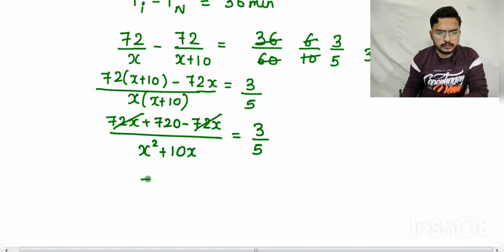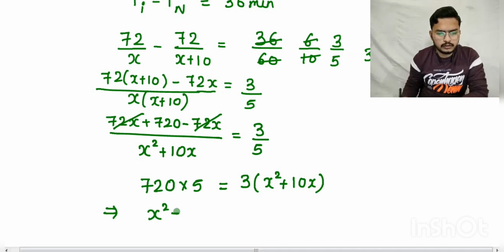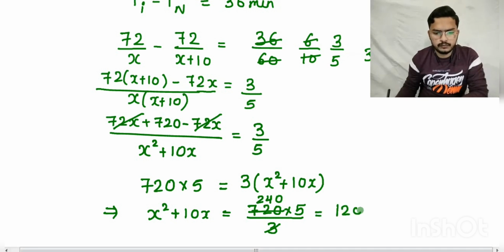Now do the cross multiplication: 720 multiplied by 5 is equal to 3 multiplied by x square plus 10x. Or you can take this 3 down, 720 multiplied by 5 upon 3, so that is 240, or after multiplying it is 1200, right?